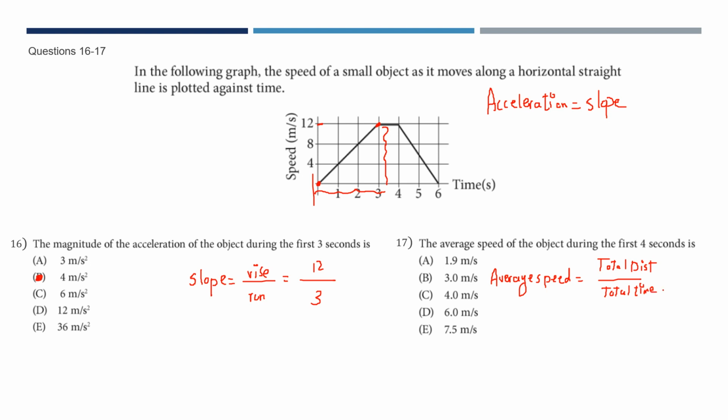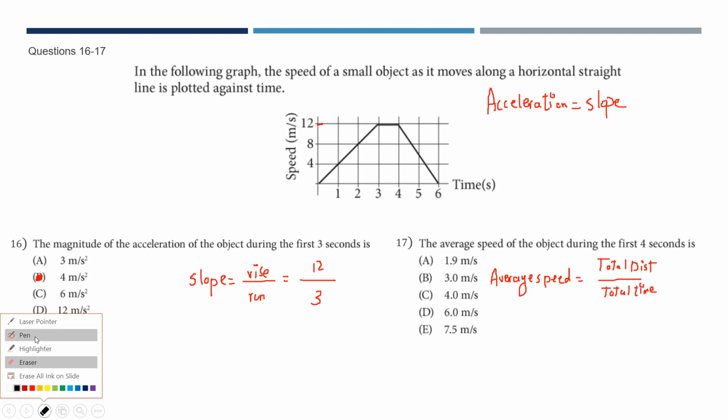How can we find the total distance from the speed time graph? As we have said before, the distance from the speed time graph is the area under the line. So during the first 4 seconds, we need to find the area of this shape.